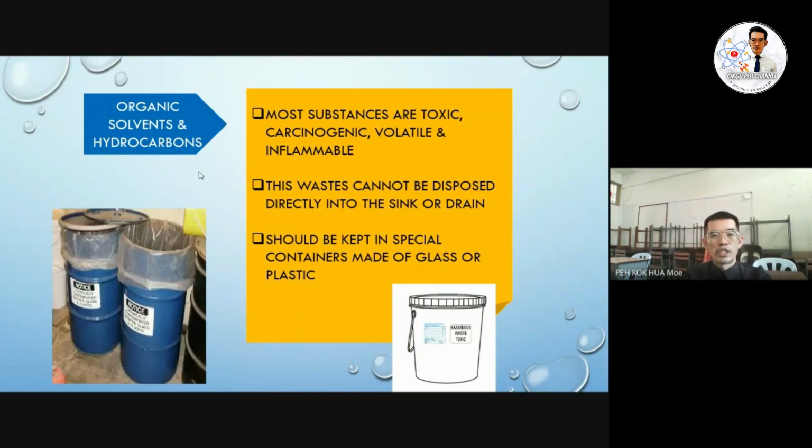As you have experienced, when you follow your parents to refill petrol at the gas station, you can actually smell the petrol, because petrol is one of the hydrocarbons which easily vaporizes. These substances are toxic, carcinogenic, can cause cancer, and are volatile and inflammable. This waste cannot be disposed of directly into the sink or drain, and should be kept in a special container made of glass or plastic. So this is the example.